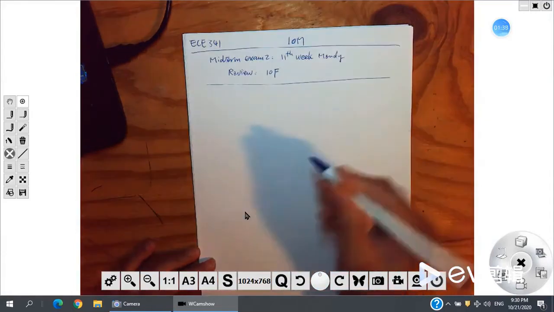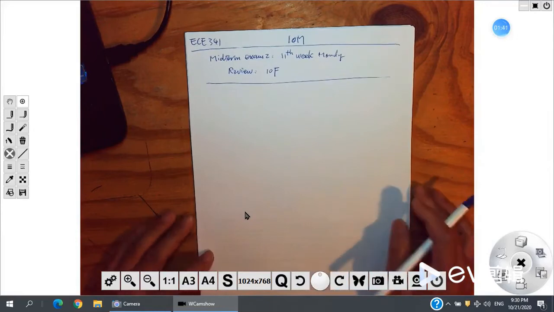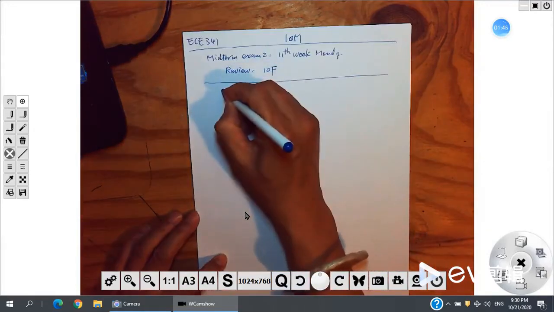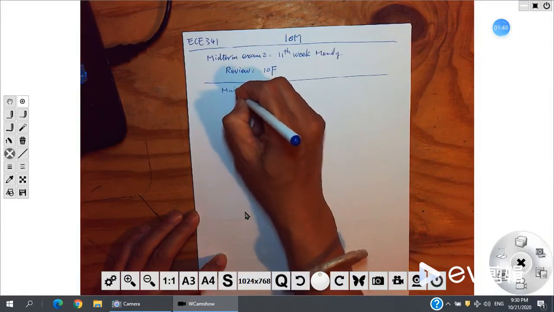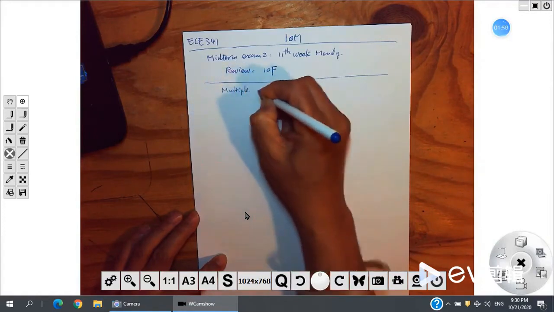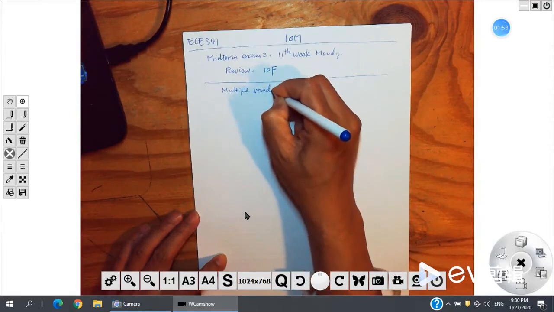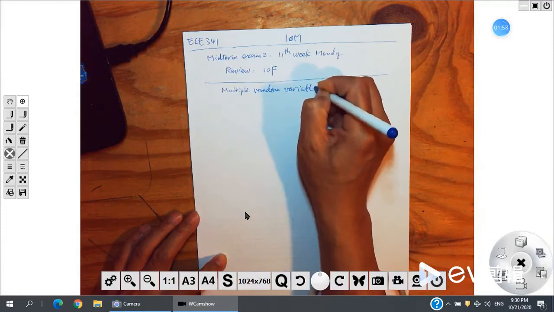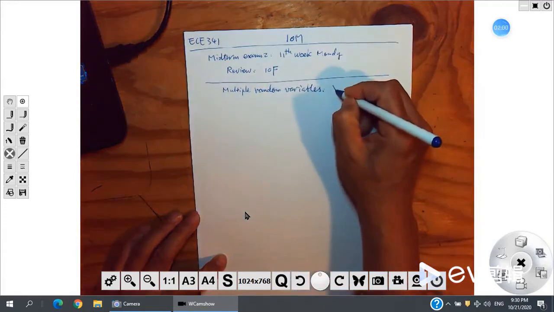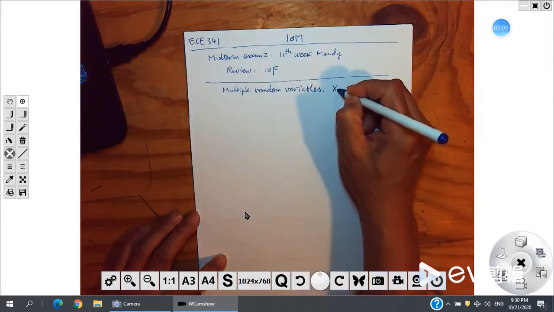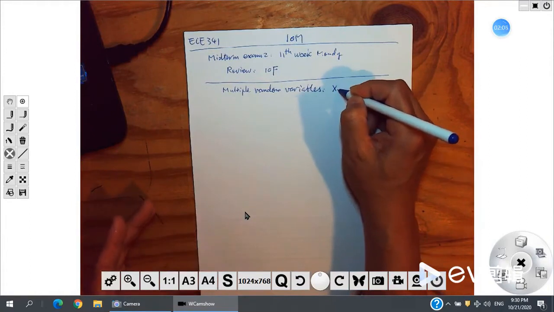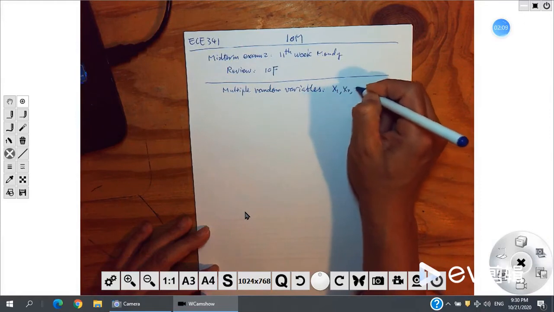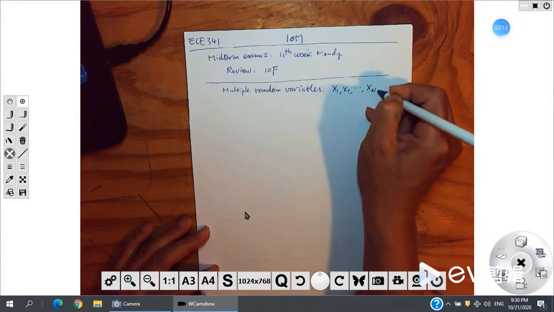Okay, so today we keep working on multiple random variables. In the two-dimensional case, there will be just x and y, but maybe more: x1, x2, to some xn.